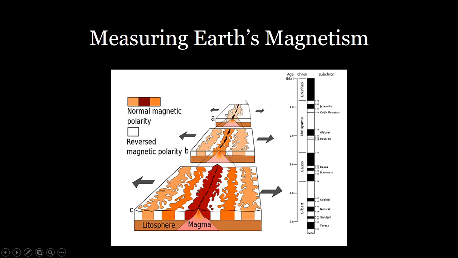And so what they saw was that as you move further away from these mid-ocean ridges, you have these concentric lines of similar magnetic fields. And so you have an area with magnetic polarity that we would see today, and then further away you have that magnetic polarity reversed, and then it has these bands as you go further out.